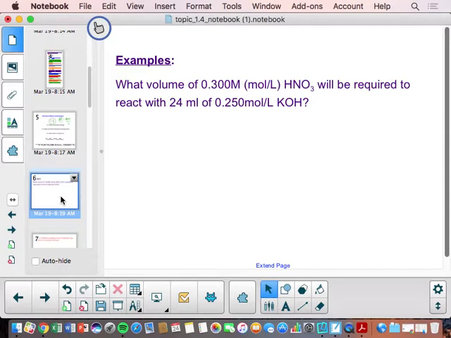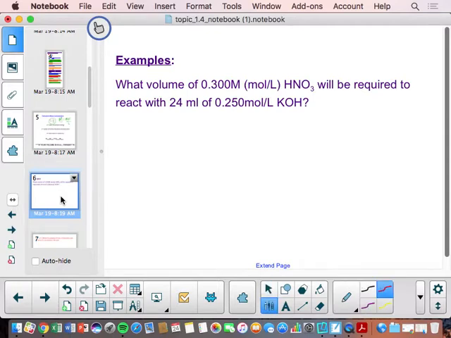see acid. Alright, so this one says, what volume of 0.300 big M moles per liter, or concentration, will be required to react with 24 milliliters of 0.250 moles per liter KOH?